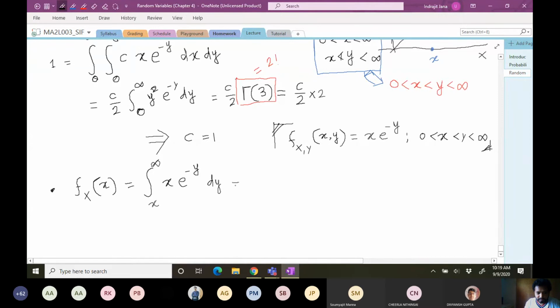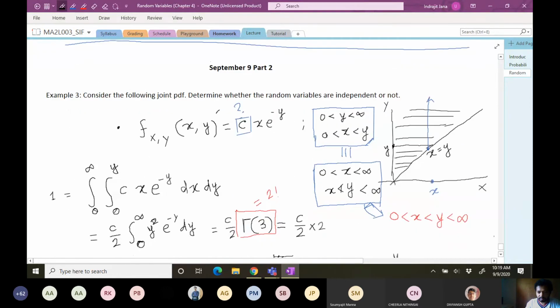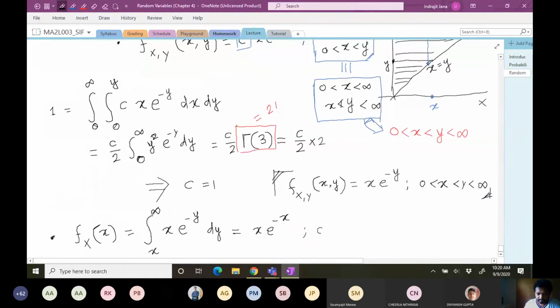Once you finish the integration with respect to y, x is held constant, so this is simply x e to the power negative x. And what is the domain of x? The domain of x is the shadow of the whole domain. If you take the projection of this whole domain onto the x-axis, it's going to be 0 to infinity. So the domain of x is from 0 to infinity.